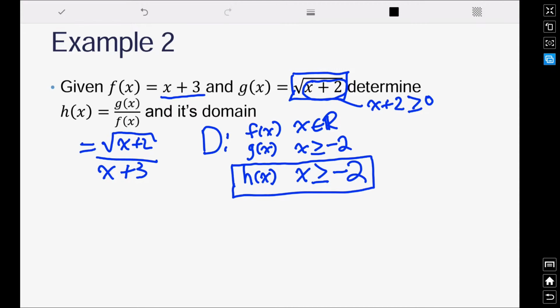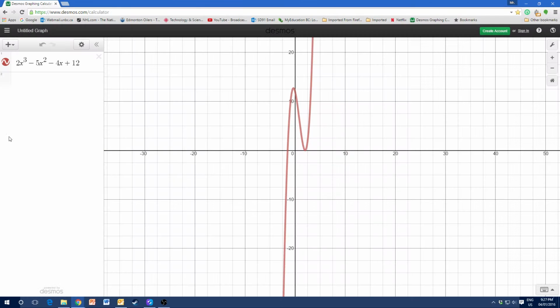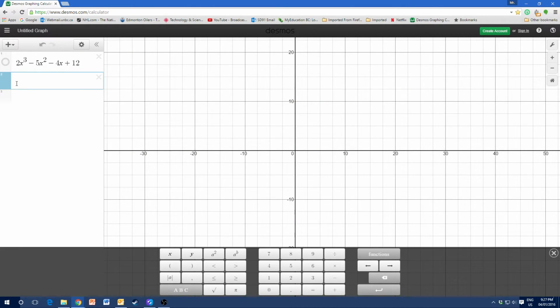Now the range, trying to figure out the range, there's no real easy algebraic way to do this, so we'll just graph it. Alright, so let's graph it. Square root of x plus 2 divided by x plus 3.